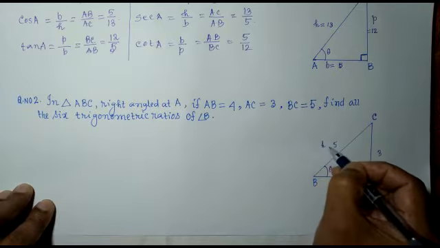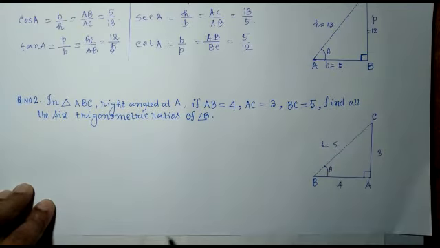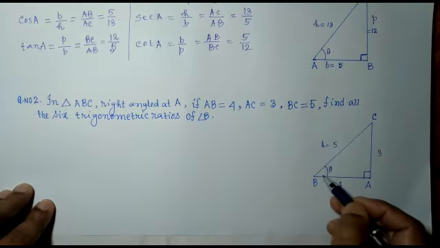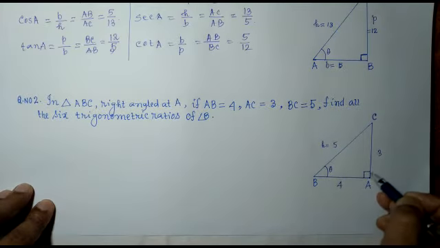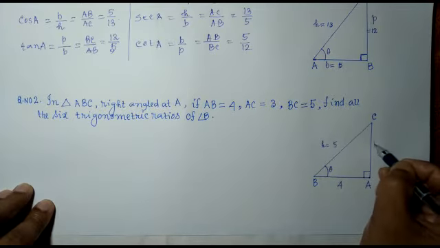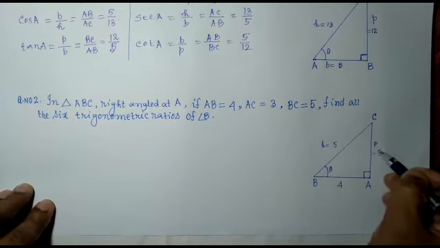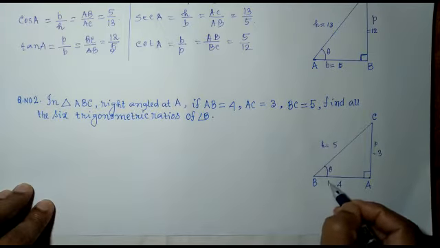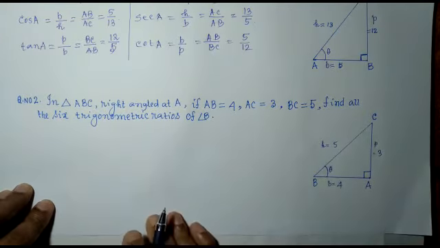Now we can write BC is equal 5. And from angle B, the opposite side, this AC is our perpendicular. We can write here P is equal 3. And the third side AB is our base. So base is 4.